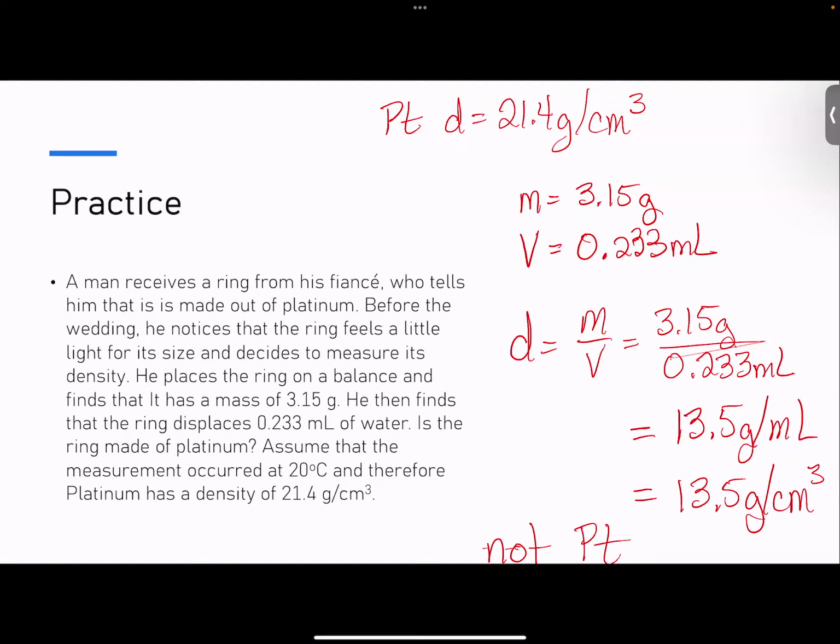The significance of 20 degrees Celsius is, again, density is temperature dependent, so the density would be different at a different temperature. It's platinum density at 20 degrees Celsius.